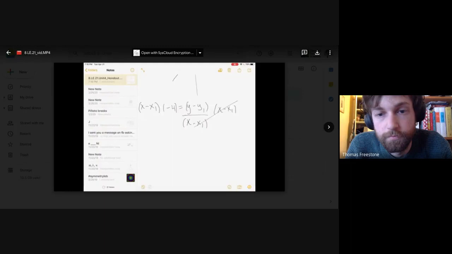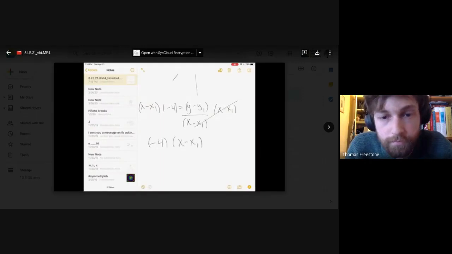So now I have m, which was -4, multiplied by x minus x1. And remember that multiplication is commutative. So since these are two terms being multiplied together, it is the same multiplying them this one first and this one second as it is to multiply this one first and this one second. So I'm going to go ahead and rearrange that, and that is just a convention.